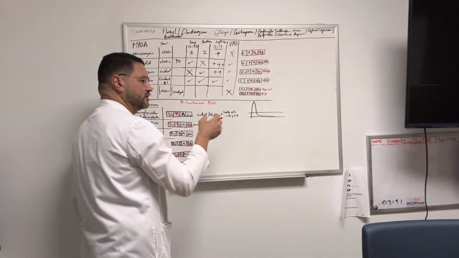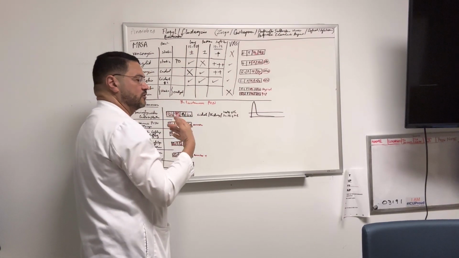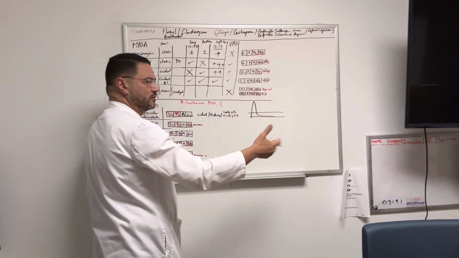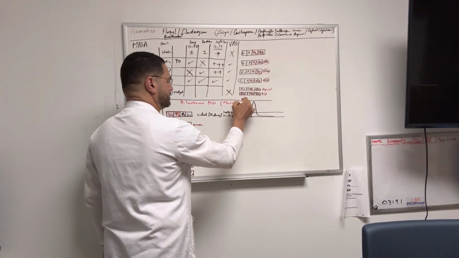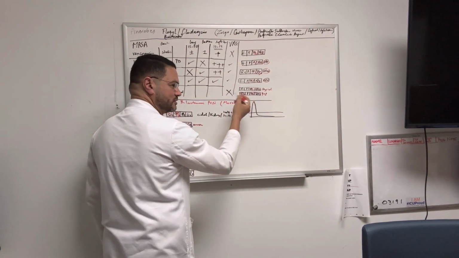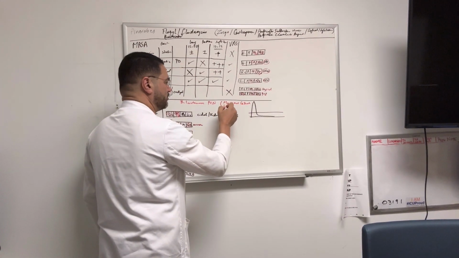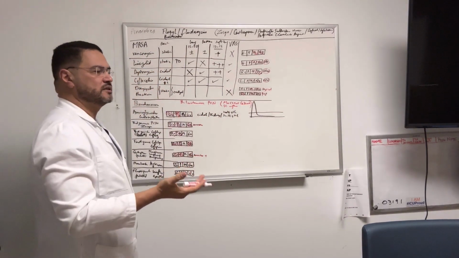This is something the bacteria makes that breaks down penicillin only. So we test for beta lactamase in the mediocre organisms like Moraxella catarrhalis, right? It infects COPD patients. We also test for Haemophilus, to see if it's beta lactamase positive, which means don't use penicillin.